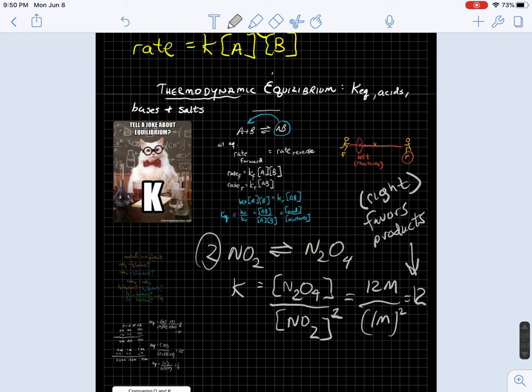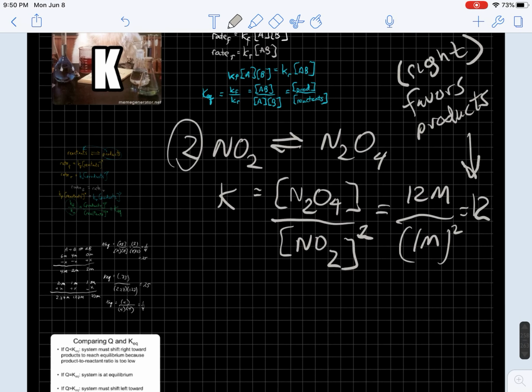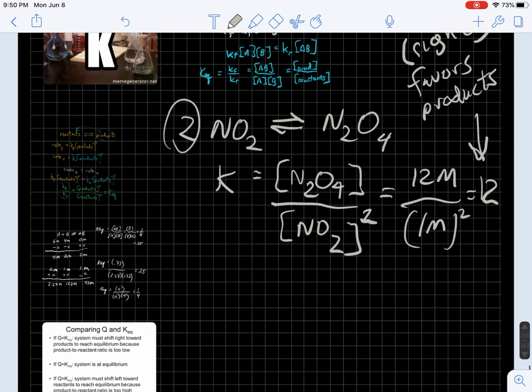Now, what determines the value of K is the environment in which we're running the reaction. So other than changing the temperature, that value of K will not change, but the numbers that make up K could.